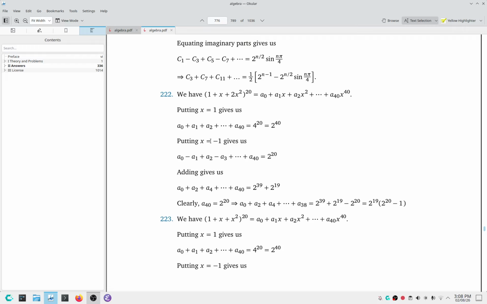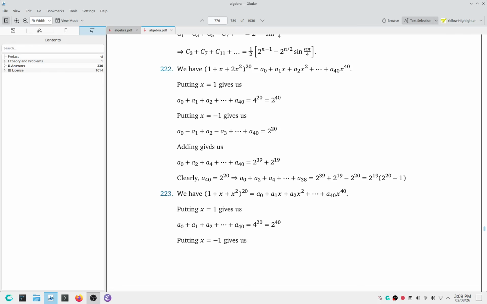We put x is equal to minus 1, we get a0 minus a1 plus a2 minus a3 and so on up to a40 is equal to 2 to the power 20. So we add it. Adding gives us a0 plus a2 plus a4 and up to a40 is equal to 2 to the power 39 plus 2 to the power 19.